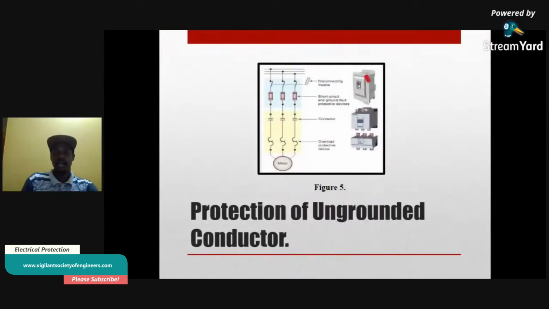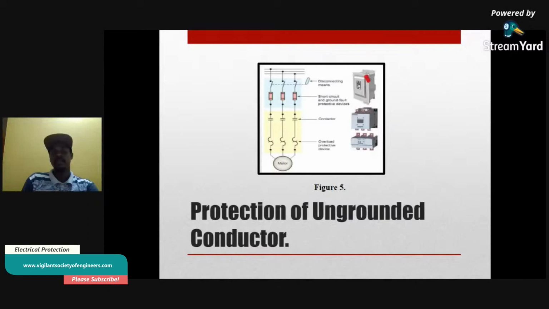And here we have a diagram which illustrates the kind of protection devices that are available. All right. And how they are actually incorporated to protect a general motor and so forth. All right.